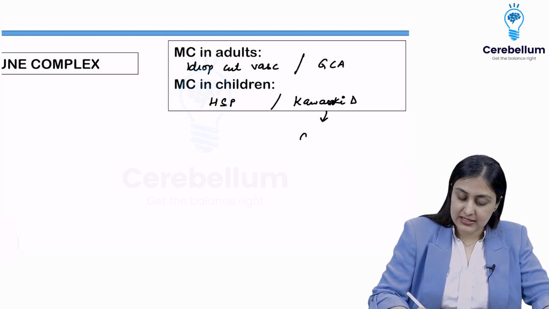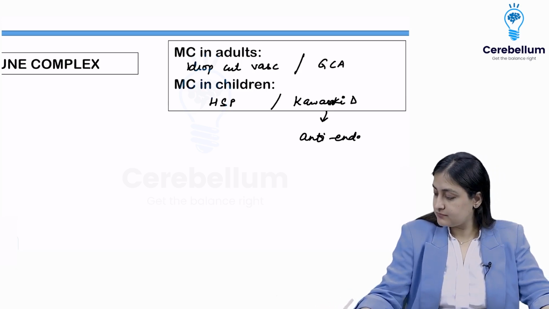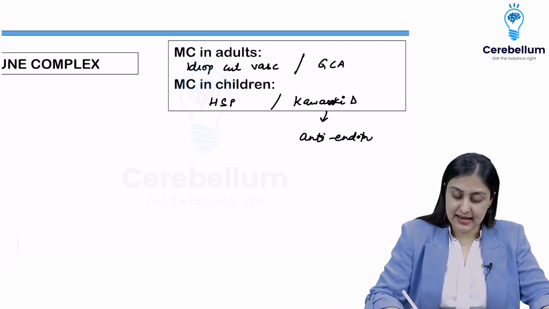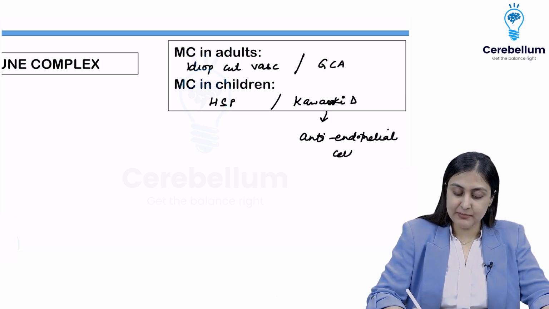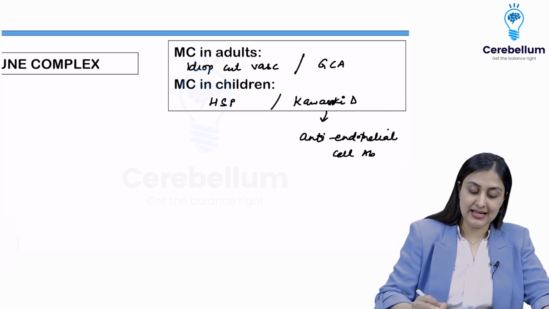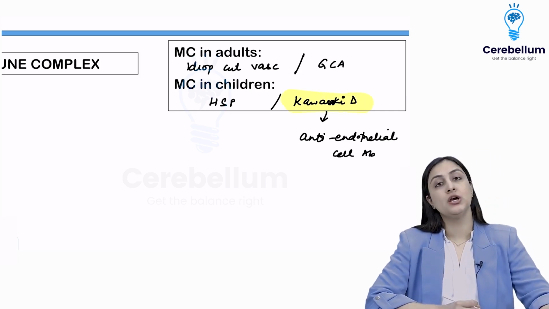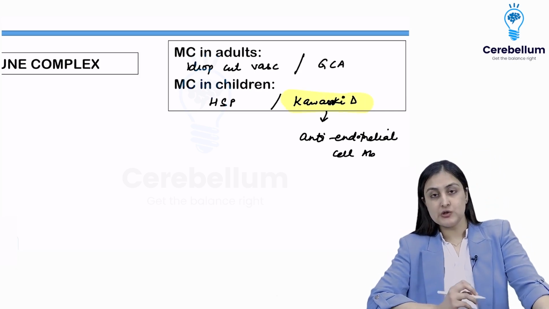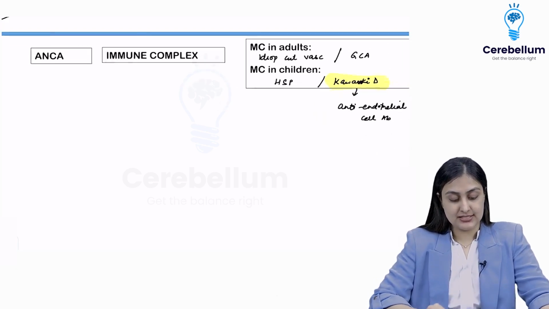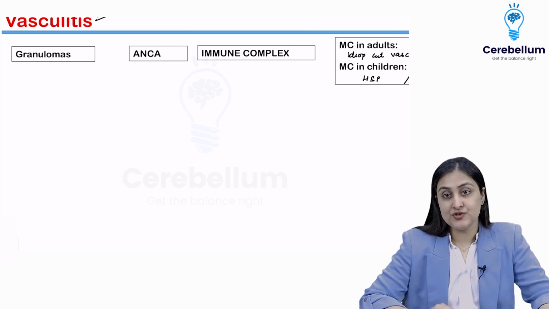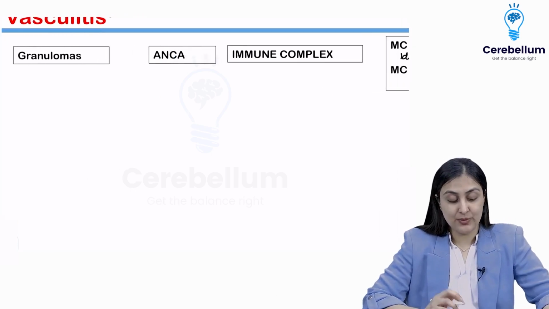Remember, Kawasaki is anti-endothelial cell antibodies. I'm not covering Kawasaki's again because I've already done this with microbiology, alright. So this is about vasculitis. Then coming to the pathophysiology, this is where you get a bunch of questions from.